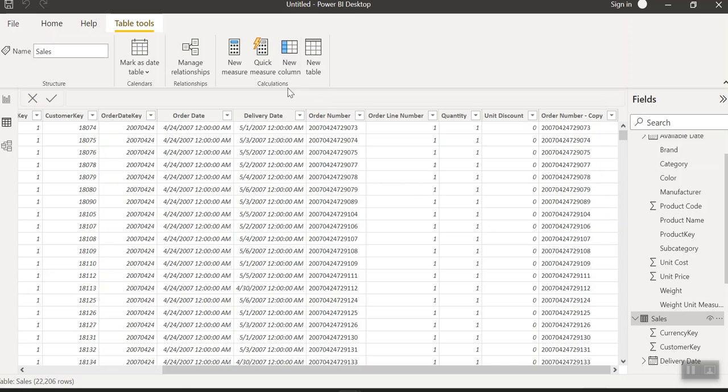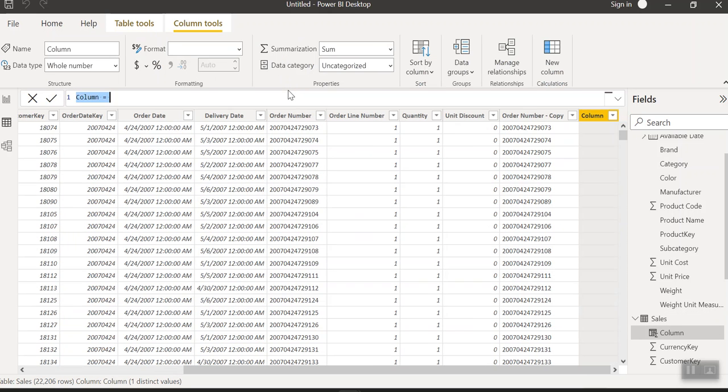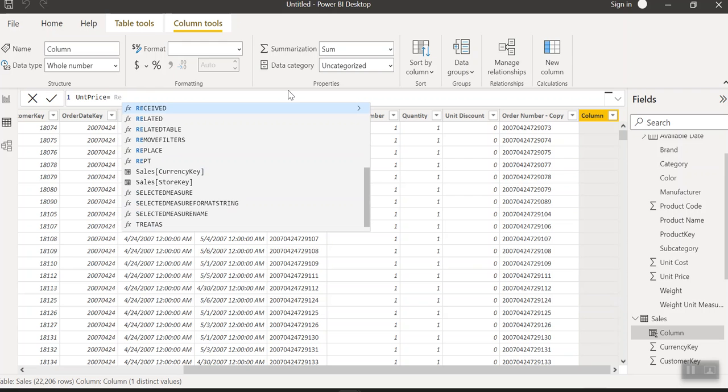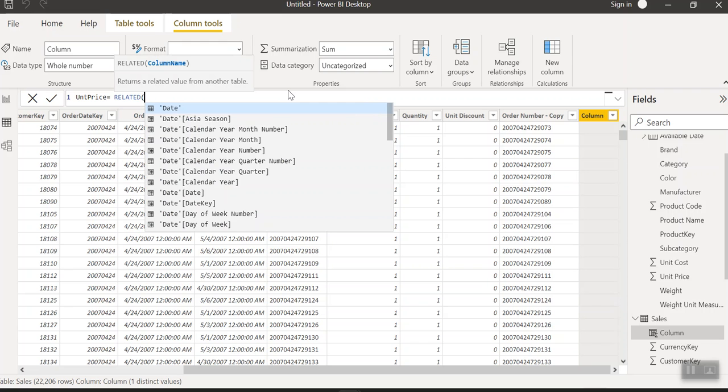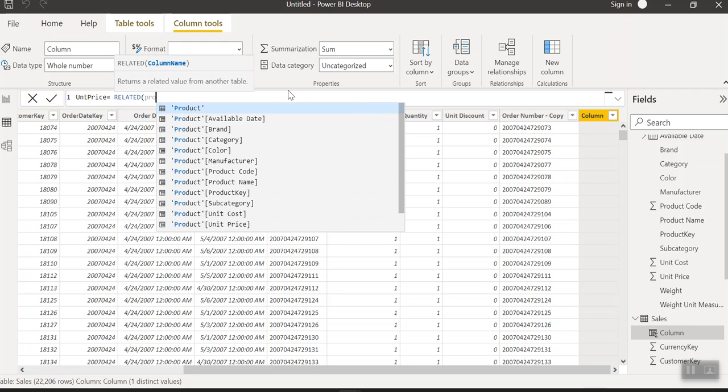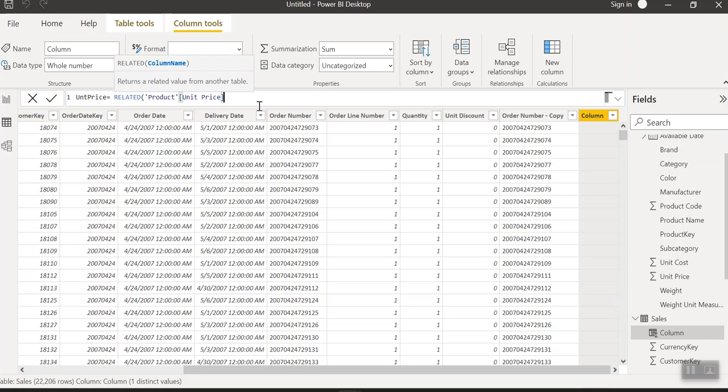I'm just adding a new column. I will call it Unit Price. I am accessing it from the product table, so I have to use the RELATED function, and it is in the product table. I'll just type Product, and yeah, it is here.